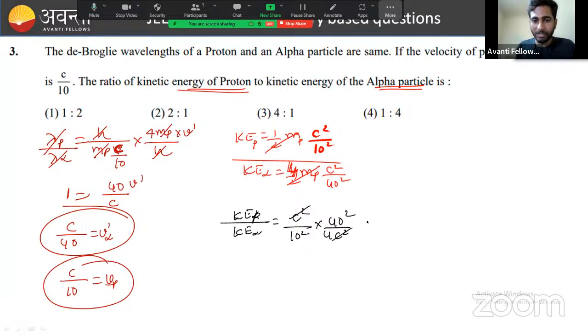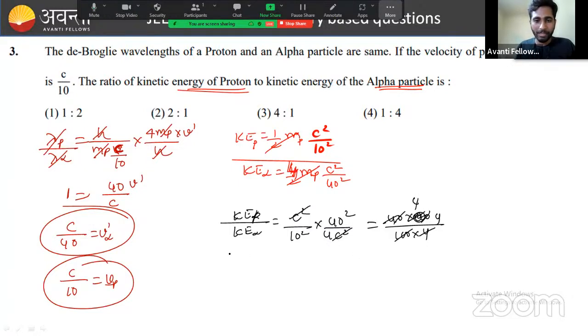How can we write this one? 40 square is nothing but 40 into 40, divided by 100 into 4. These two zeros will get cancelled, and 4 ones are 4, remaining will be 4.